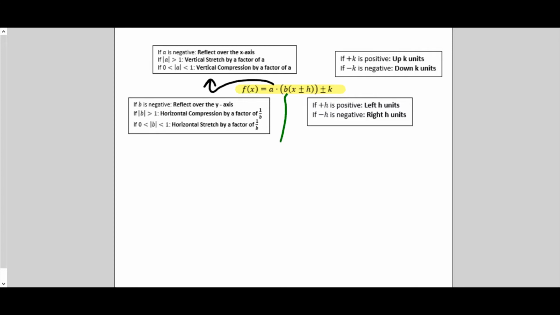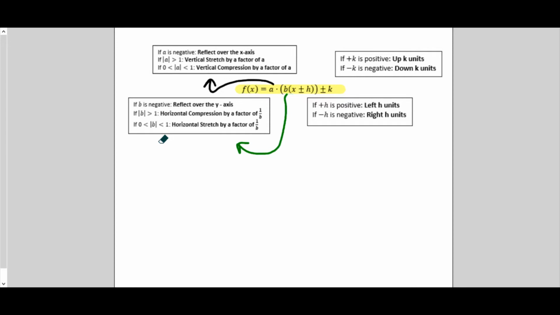The b is inside the parentheses. So you see a set of parentheses and then inside you'd see something next to an x. If b is negative, it would correspond to a reflection over the y-axis. If the absolute value of b is bigger than 1, then it's a horizontal compression by a factor of 1 over b.